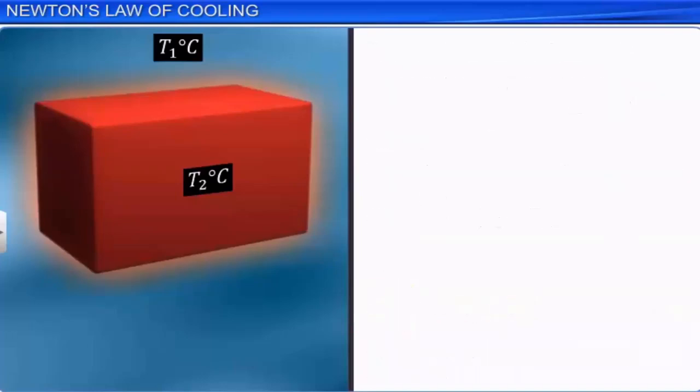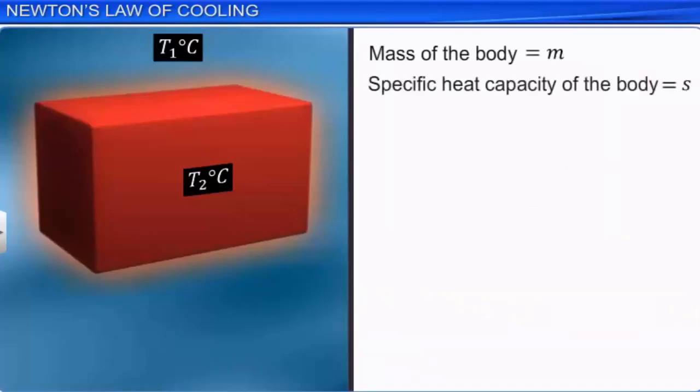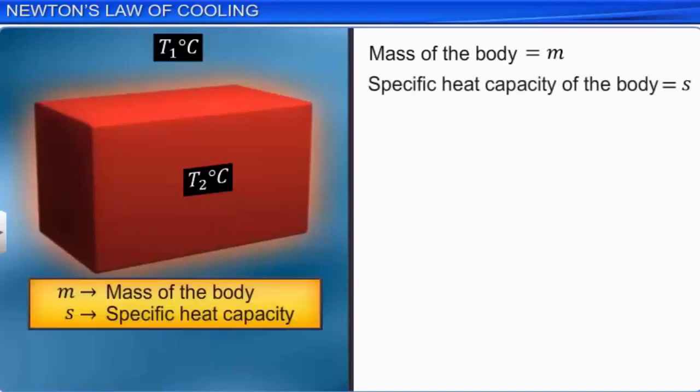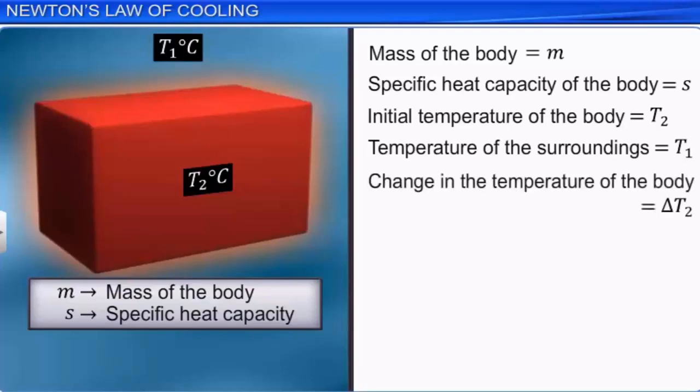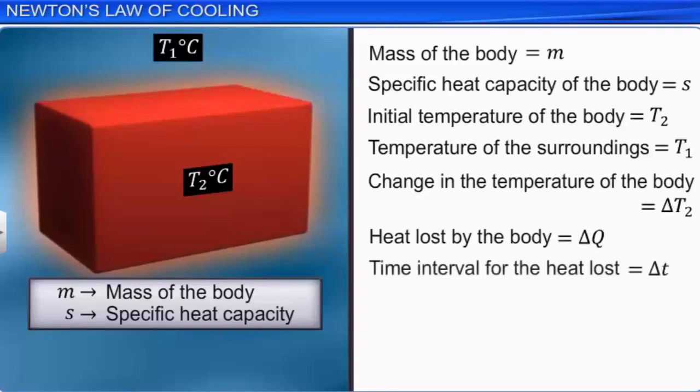Let the mass of the body be m, whose specific heat capacity is S, at an initial temperature T2, with its surroundings at a temperature T1. If the temperature of the body is changed by delta T2 because of a small loss of heat delta Q in a small interval of time delta t, then delta Q can be expressed as a product of m, S and delta T2.